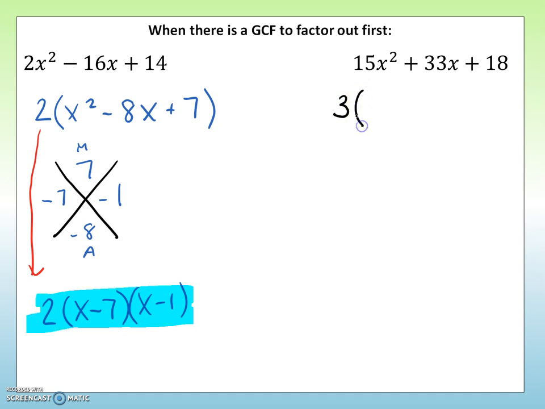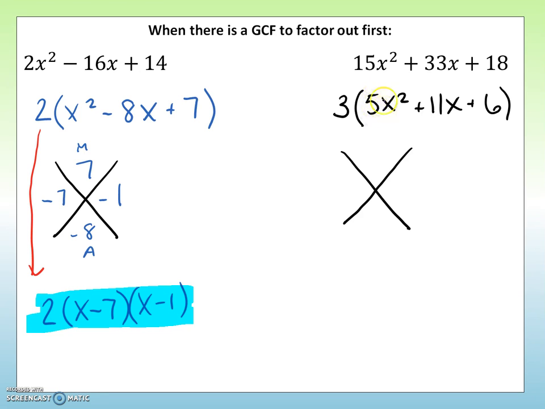So when you factor 3 out of each term, you're left with 5x squared plus 11x plus 6. Okay? Now we notice that this inside is a trinomial that we can factor more. So using the methods that we did, organize our work and go for it.